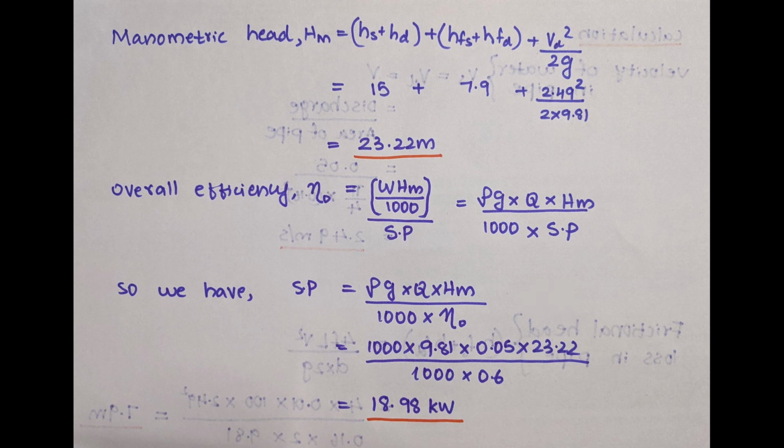Substituting the values, we get the required power equal to 1000 into 9.81 into 0.05 into 23.22 the whole divided by 1000 into 0.6. After calculation, we get the value 18.98 kilowatt as the required power to drive our centrifugal pump.